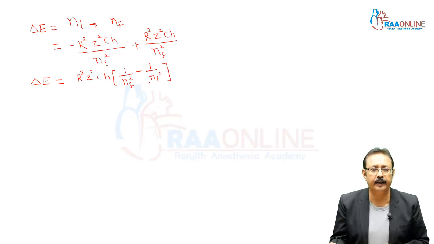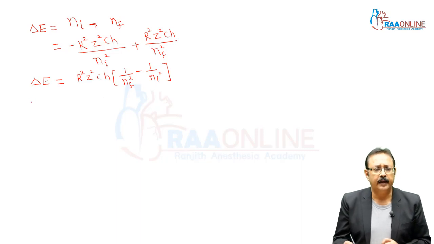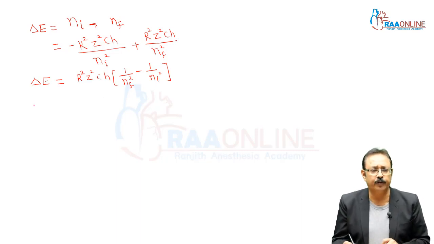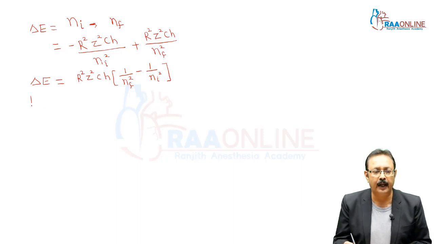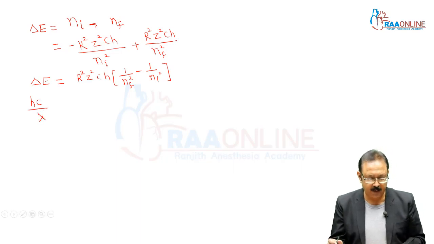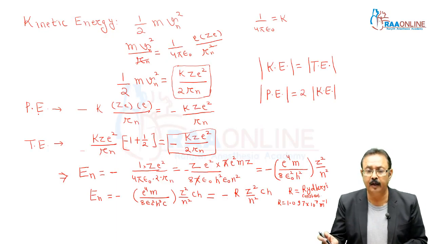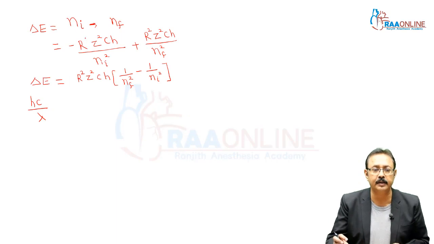Okay, so we are getting this. But the change in energy is in the form of a photon, so it should be equal to Hc by lambda. No, it was not R square, it is R. It is not R square, it is R.